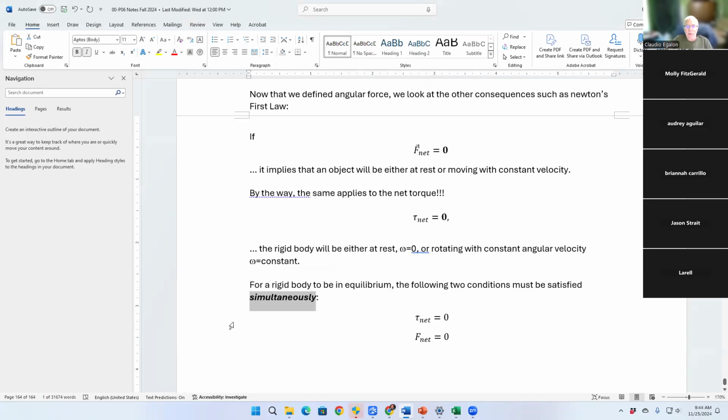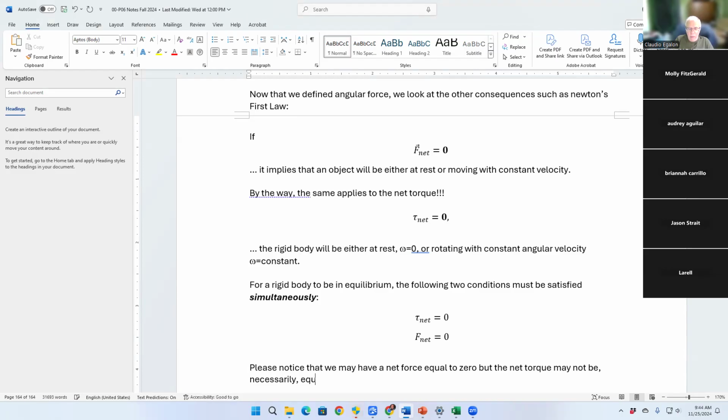Please note that we may have a net force equal to 0, but the net torque may not be necessarily equal to 0.